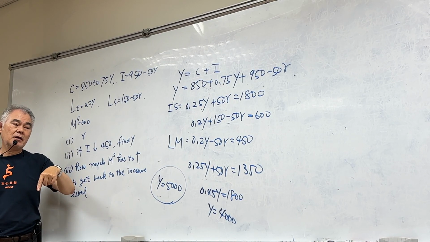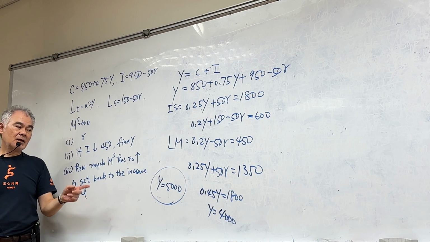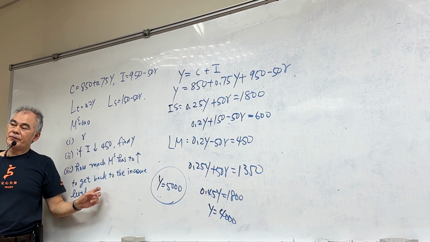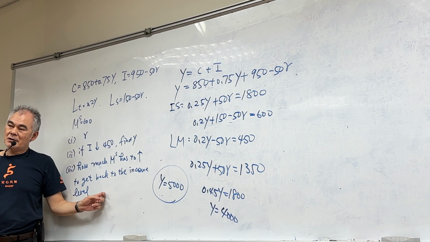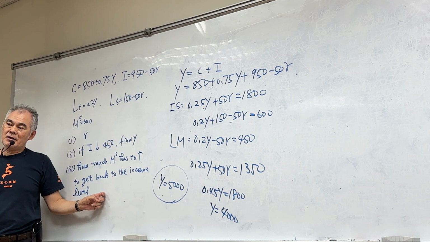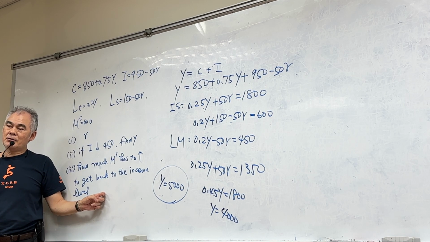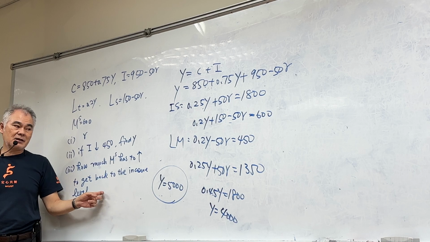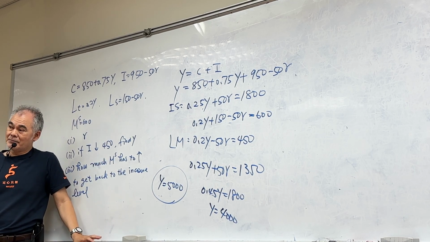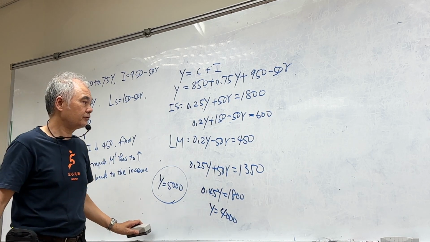The question asks, if you are the central banker, you want to get the economy back to the original income level, production level, and also employment level. What do you need to do? Of course, in this case, you need to increase money supply.